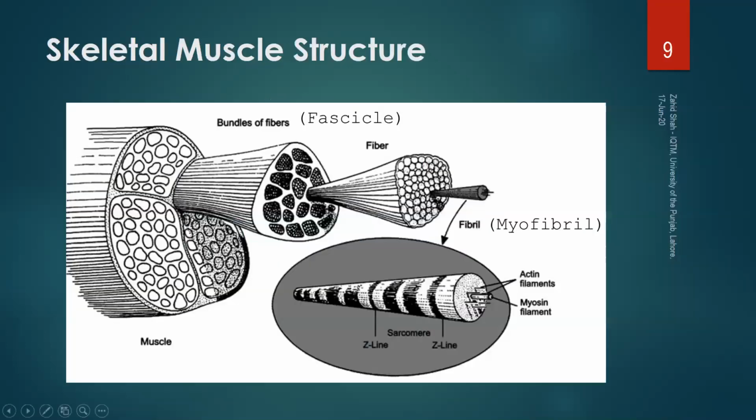The skeletal muscle has a beautiful layer by layer structure. If this is the muscle as a whole, it consists of fascicles. Fascicles are actually the bundles of fibers. Each fascicle consists of a number of fibers, as you can see.